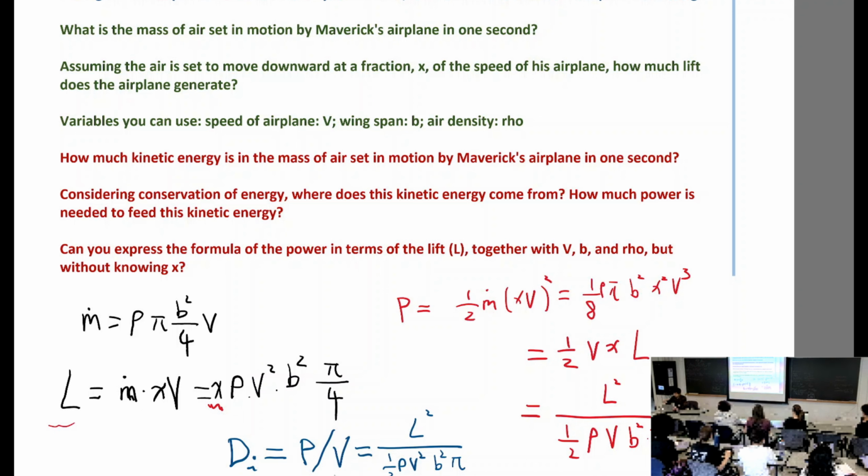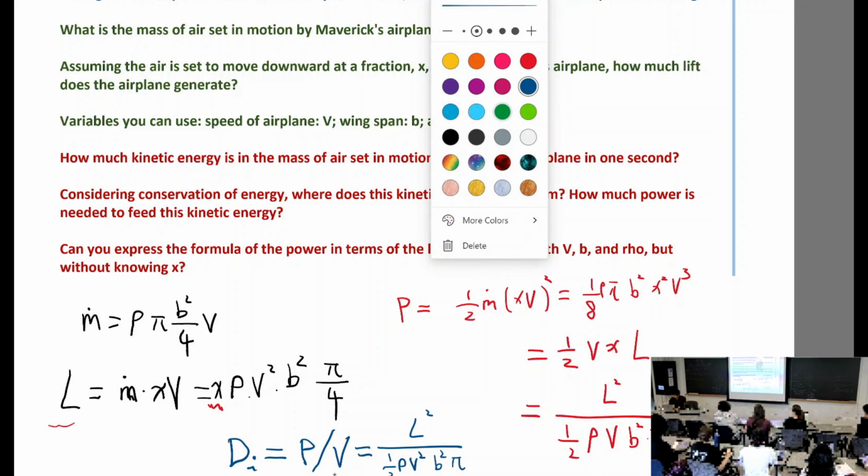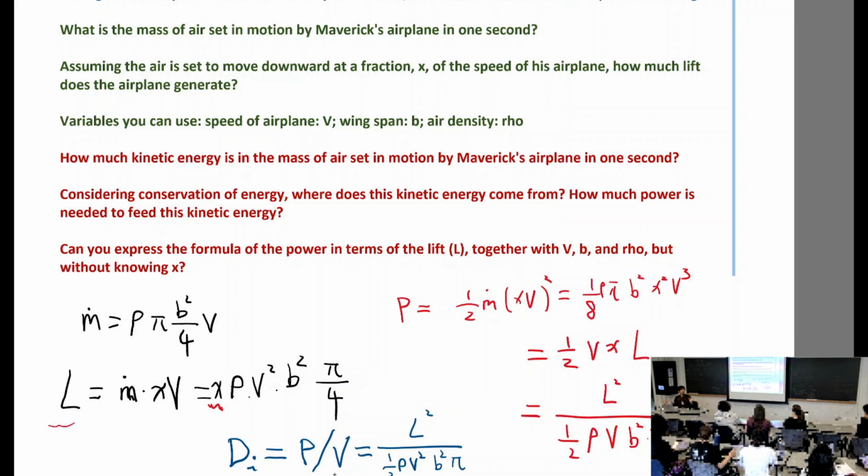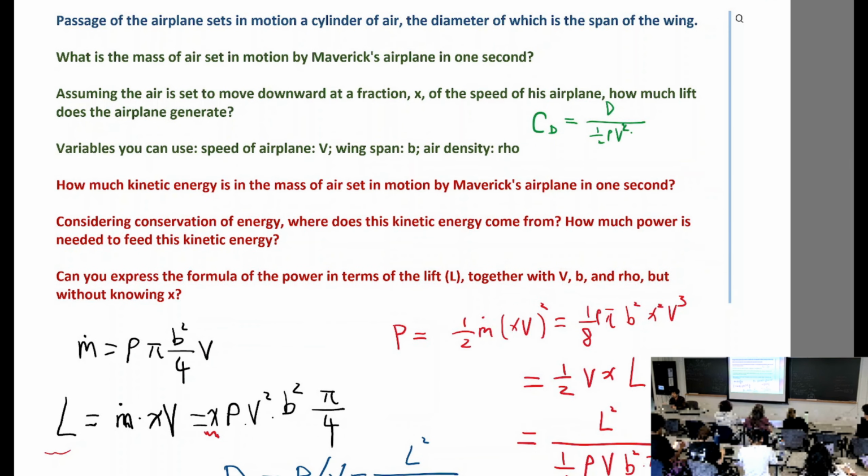If you learn it in the coefficient form, then you're going to be dividing both sides by what? So what is CD? CD is equal to D divided by half rho v squared and the area of the wing. And do you know the area of the wing is b squared divided by aspect ratio?